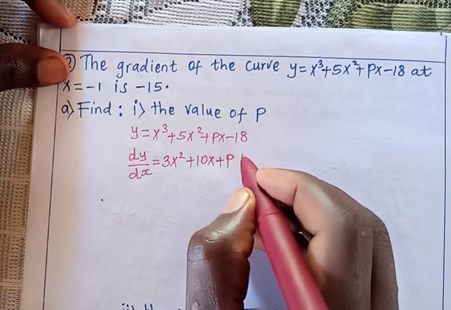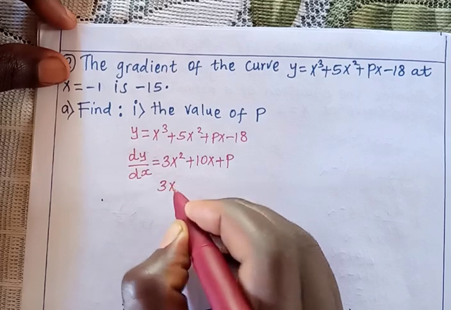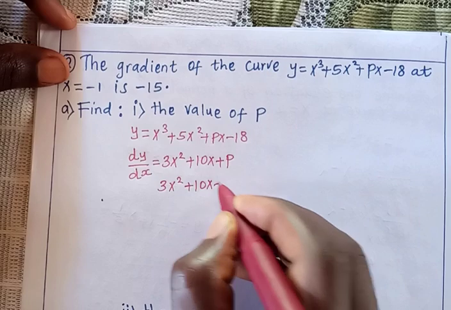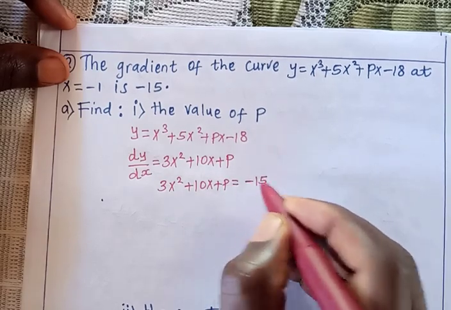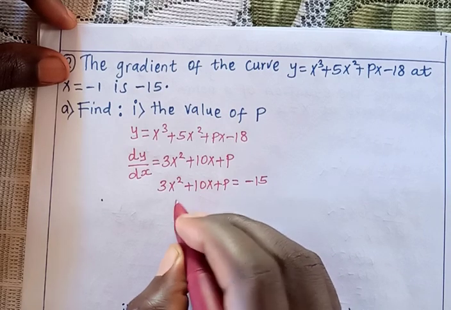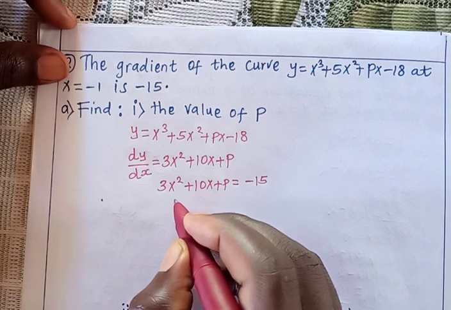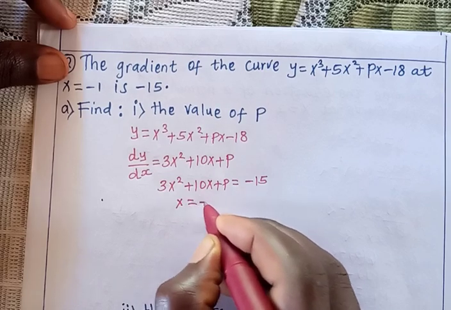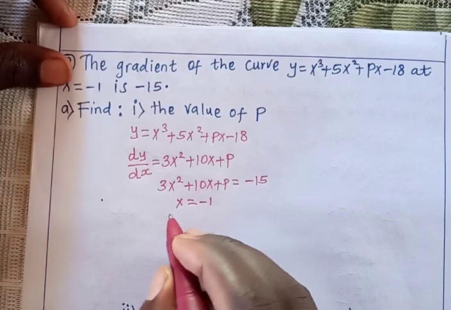This one must give you negative 15. So we are going to say that our 3x squared plus 10x plus p is going to give us negative 15. We have to remember that this gradient was obtained at a point, and the point is negative 1. So where we see x, we substitute by negative 1.